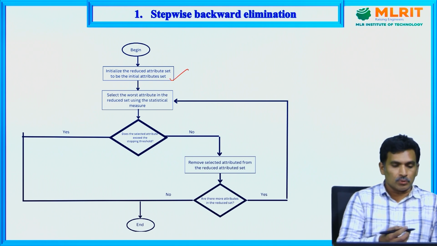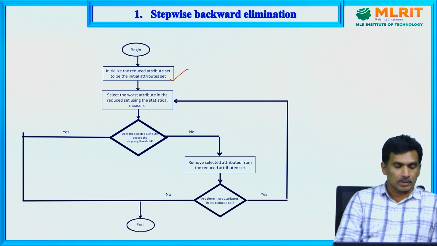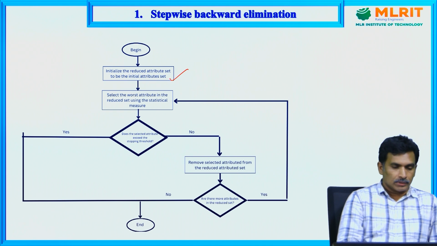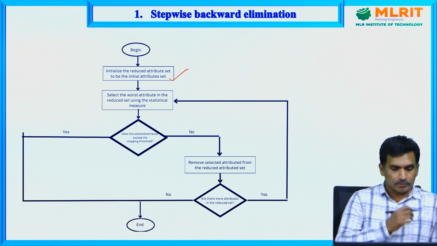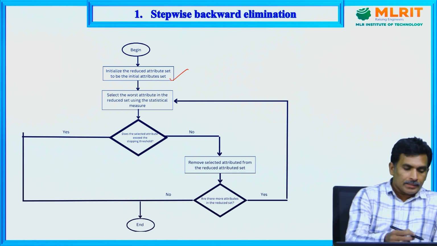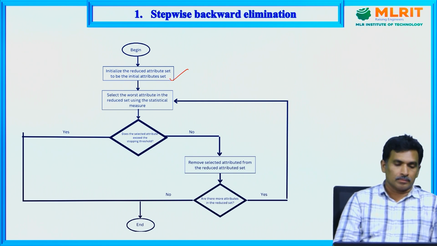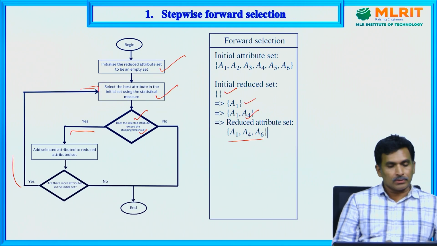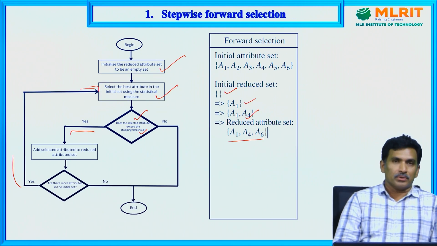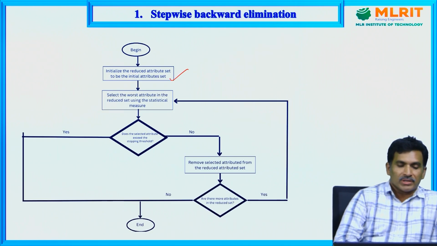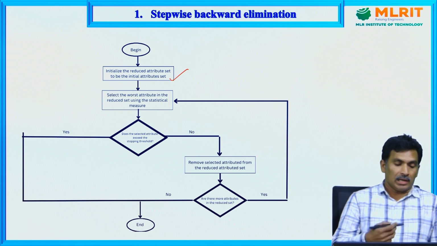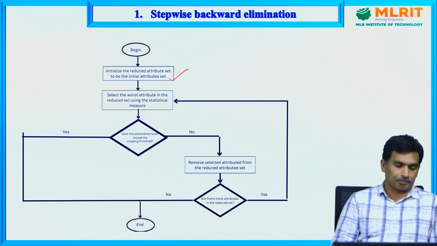It is completely reversed to the previous stepwise forward approach, and we select the worst attribute because we are going to eliminate the attribute, whereas in the previous case we selected the best attribute. In this stepwise backward elimination, we eliminate the worst attribute. The worst attribute also needs to be selected using a statistical measure.